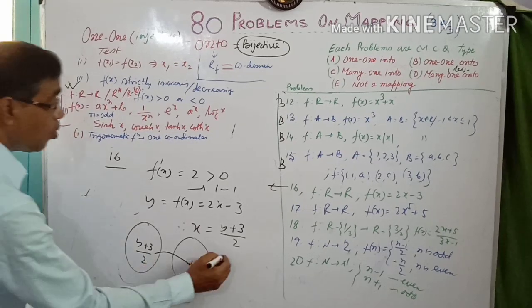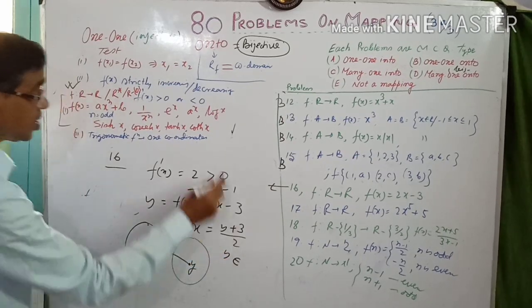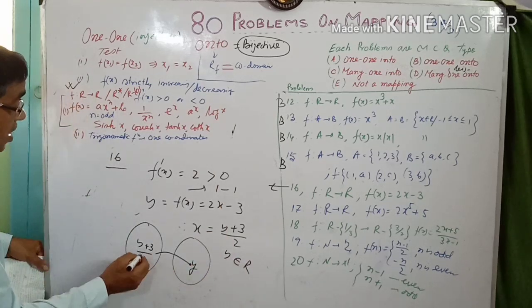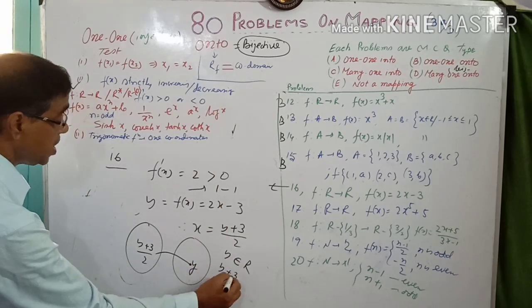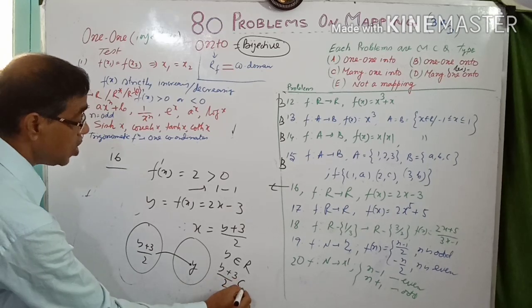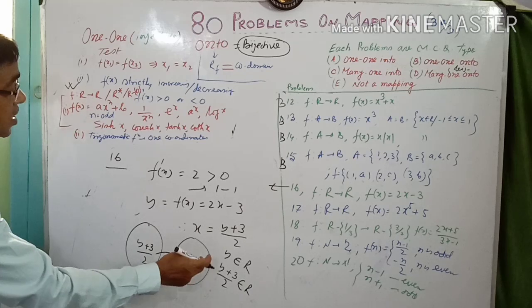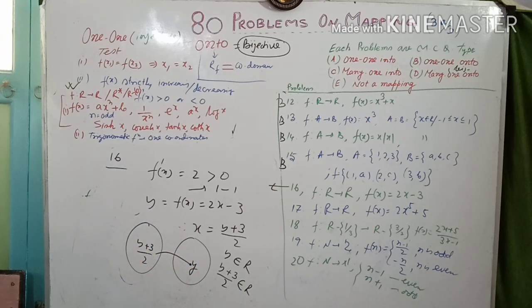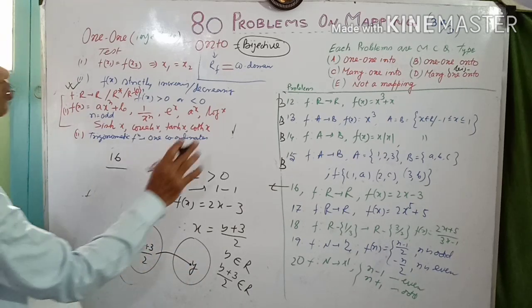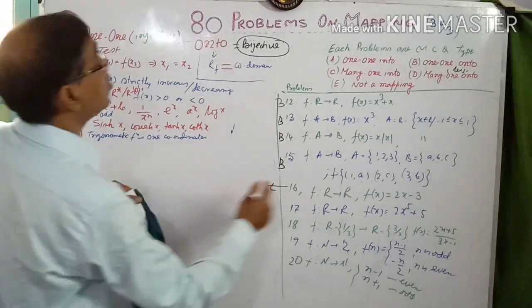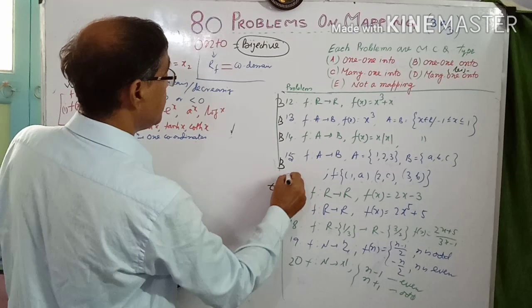Thus, if y belongs to the real set, then y plus 3 by 2 also belongs to the real set. For all y there must be a pre-image, therefore it is onto, and the result is one-one and onto, option B.